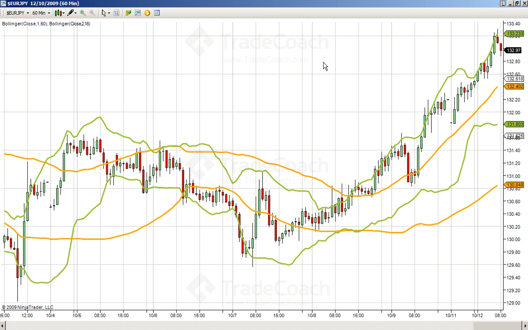Okay, so for a buy, we'd want the upper bands to cross, and for a sell we'd want the lower bands to cross, and we'd want the faster one to cross above the slower band. So obviously the daily crossing above the mid-weekly. So here is your long. And here would be your short.